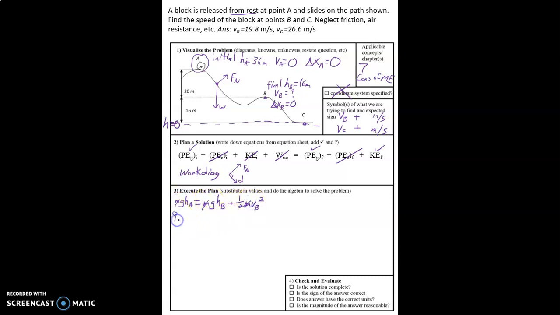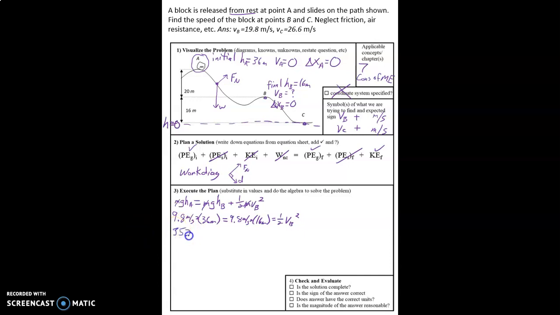Now we can substitute numbers in here. 9.8 meters per second squared times 36 meters equals 9.8 meters per second squared times 16 meters plus 1/2 v_B squared. And then we'll do the algebra here real quick. 9.8 times 36 is 352.8.